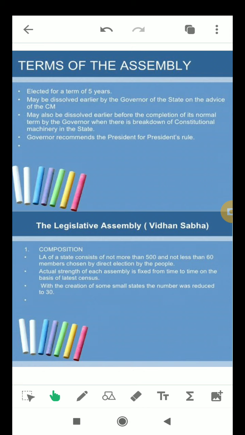Every state is divided into different areas known as constituencies. Let us take the example of Uttar Pradesh, which is divided into 403 constituencies. From each constituency, one representative is elected by the people. This representative may belong to any political party or can even be an independent candidate.